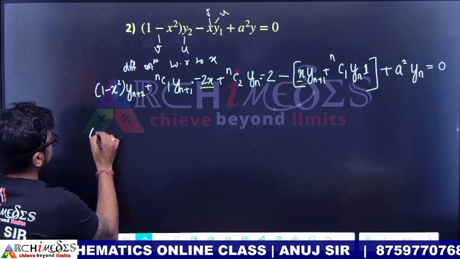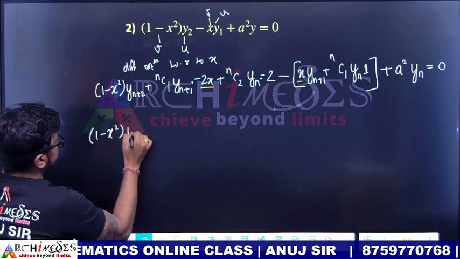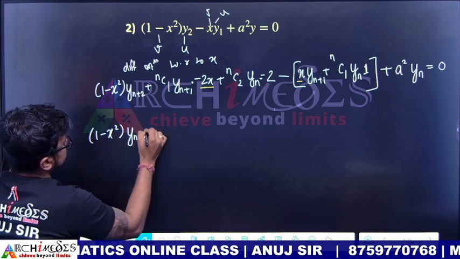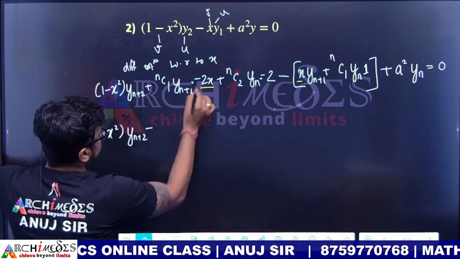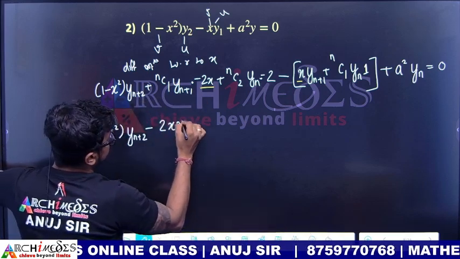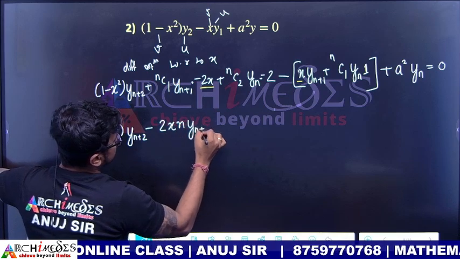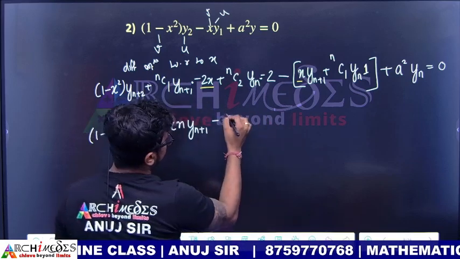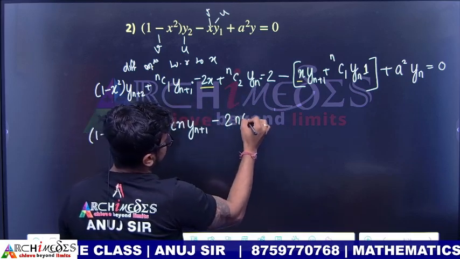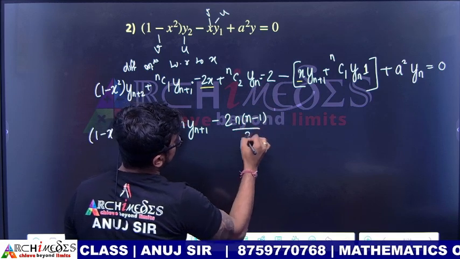So now listen carefully. So 1 minus x square, open the bracket, minus 2xn y n plus 1 plus, if I open the bracket here, minus 2. So when I solve this one, it becomes n plus n minus 1 by 2 y n.